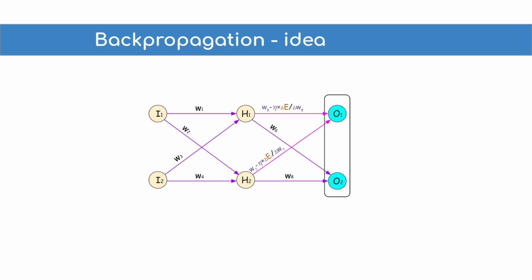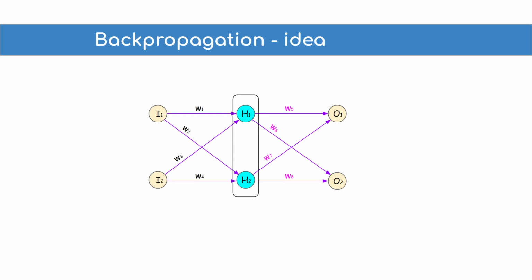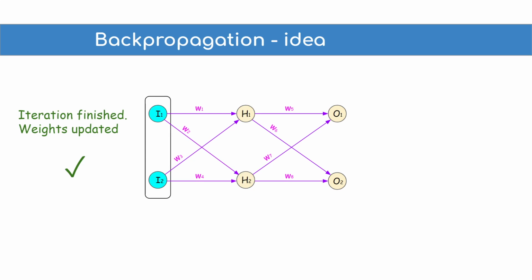And we are repeating this procedure for each neuron in the layer. If we finish with the layer, we are switching to the next layer. This is the hidden layer. We are doing exactly the same. We are subtracting partial derivatives. Once we get to the input layer, the iteration is finished and our weights are updated.